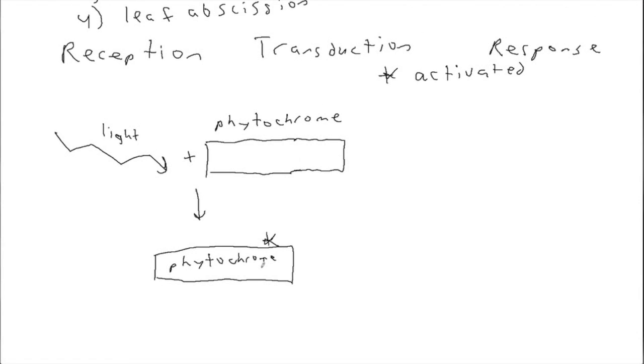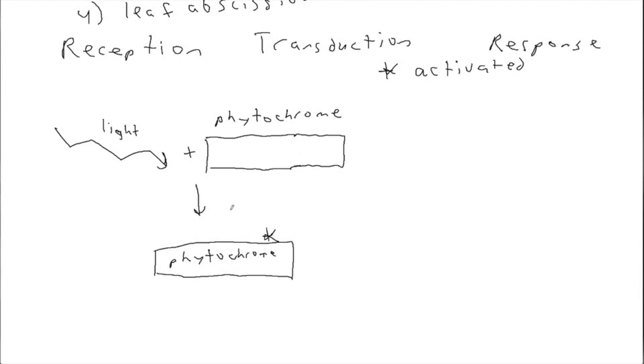Reception, transduction, or response? Reception? This is reception, yeah. So this step here, when the light hits the phytochrome, this is reception. This cell is receiving the signal that there's light outside and it should start its greening responses. It's not in the dark anymore.